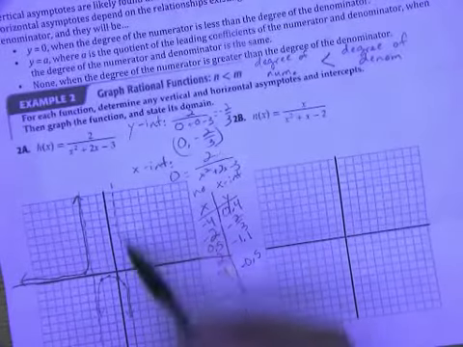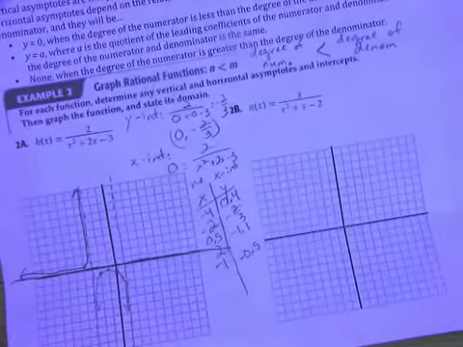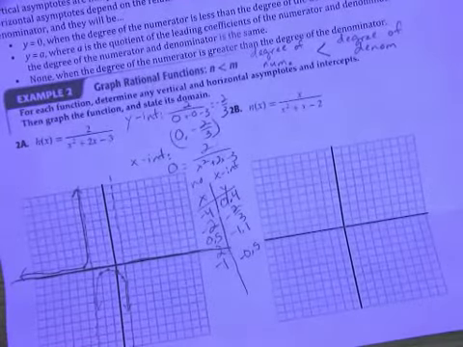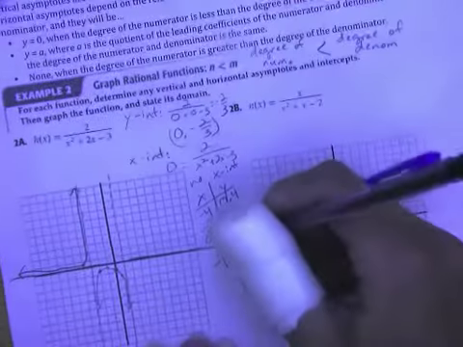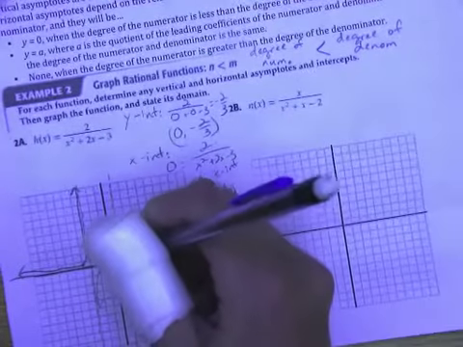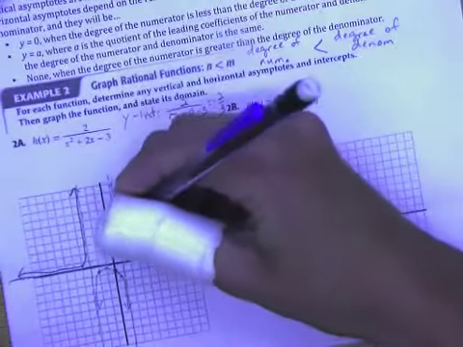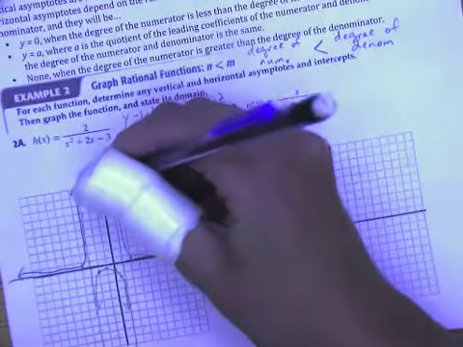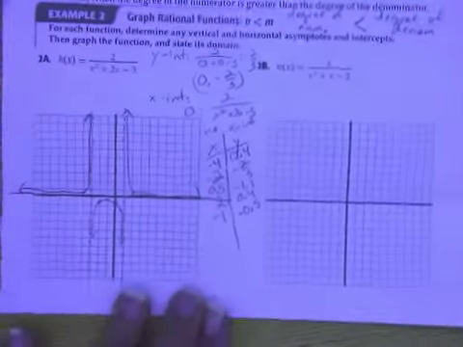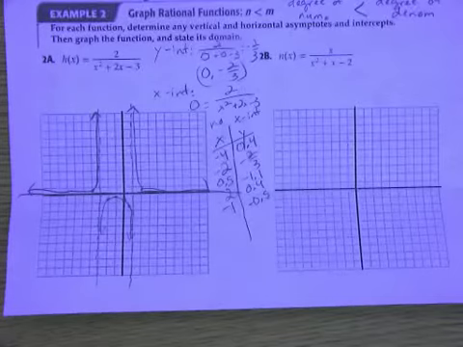And then finally, let's plug in 2 to see whether I'm doing this or this. Okay, so plug in 2, I've got 4 plus 4 minus 3 in the denominator, and when I take that and divide it from 2, I've got 0.4, which is about here. And hug your asymptotes. And there's your graph.